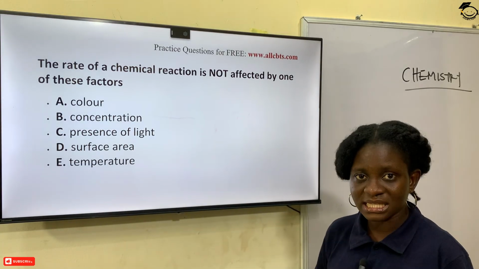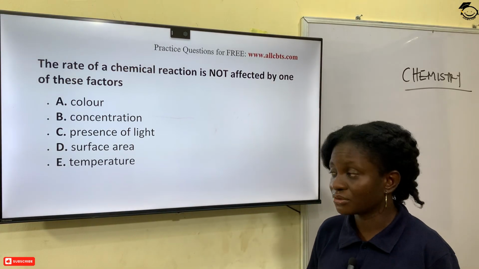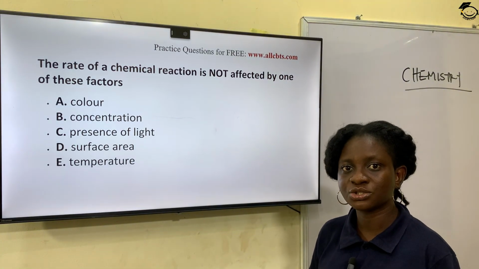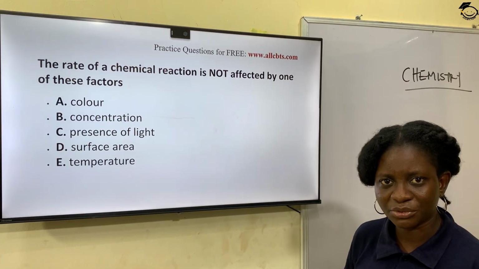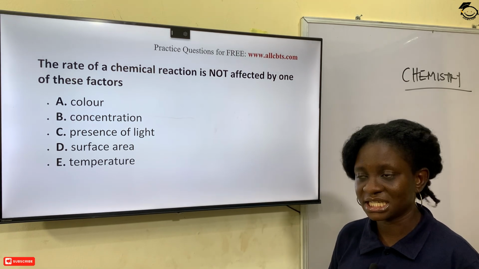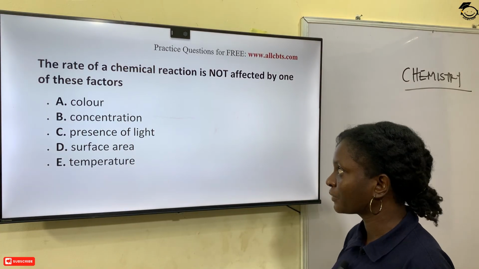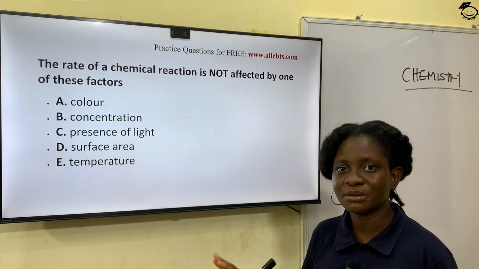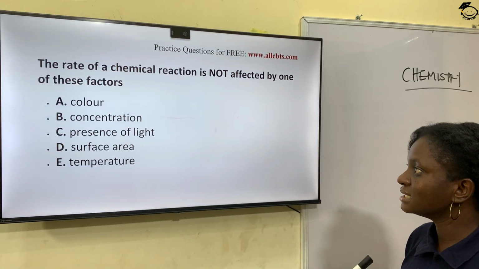The presence of light, like in photosynthesis, also affects the rate of chemical reaction. Surface area leads to more collision and also affects rates of reaction. Higher temperature leads to more kinetic energy and also increases the rate of chemical reaction. But the only option that does not affect the rate of chemical reaction here is color, option A. The next question.